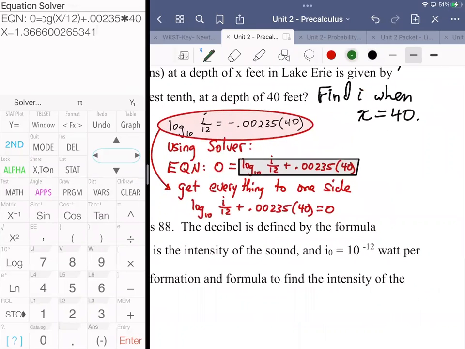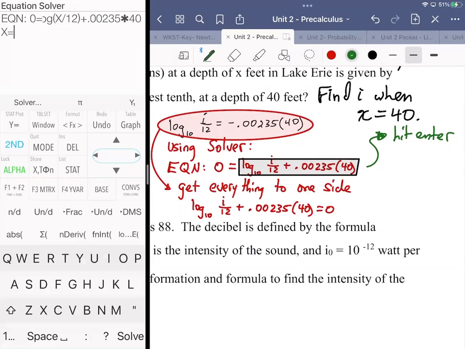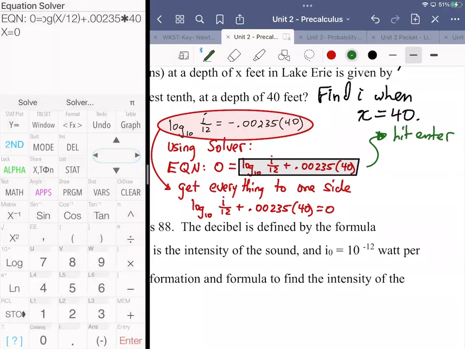All right, what you would then do is hit enter, and then it'll bring up an x equals, but that x equals is not the right answer. So what you would do is hit enter, then clear out what's in there, and then hit alpha, enter. Or you could just leave the number in there and hit alpha, enter, and it'll solve it for you, because it'll overwrite it. You clear it out, put a 0 in its place, just to not be distracted by that funky decimal that was there.